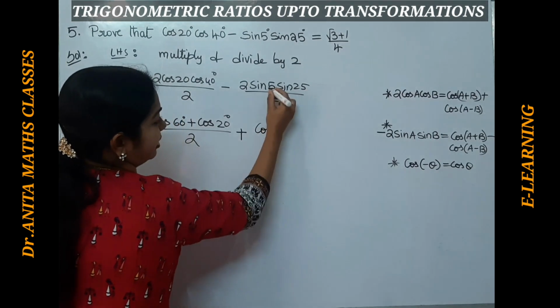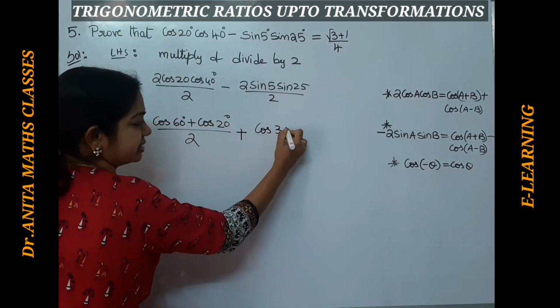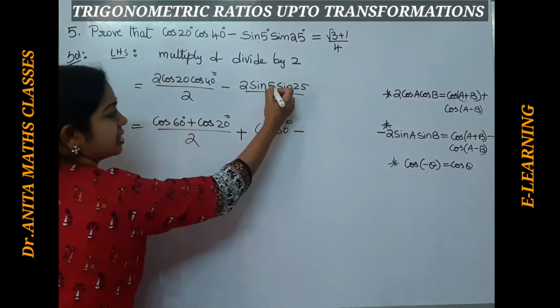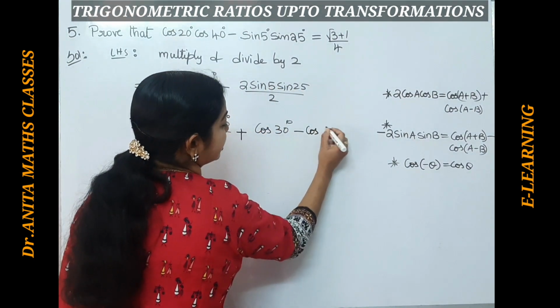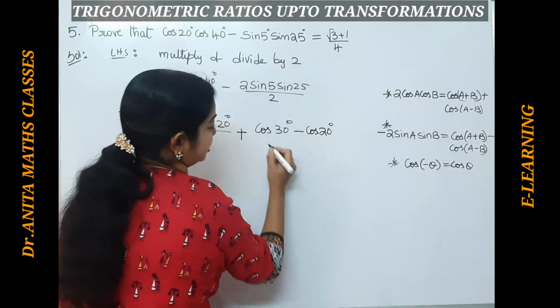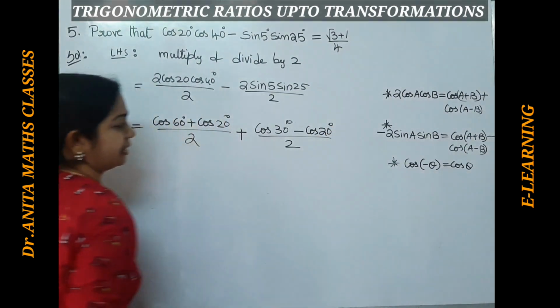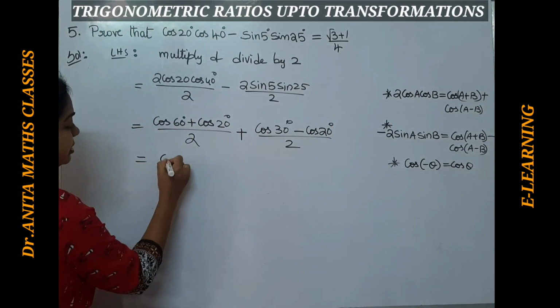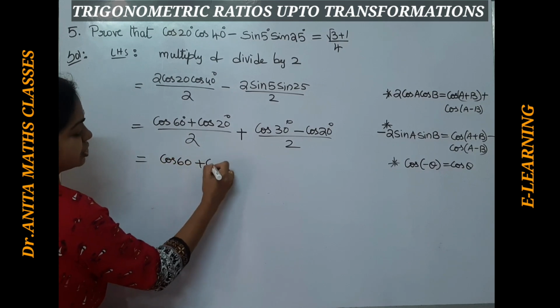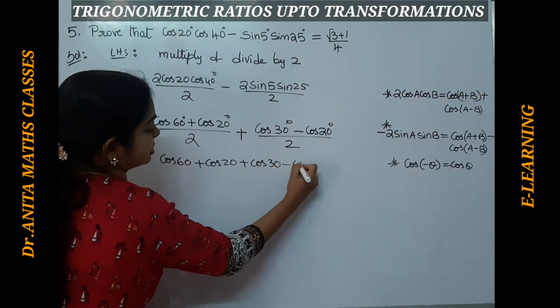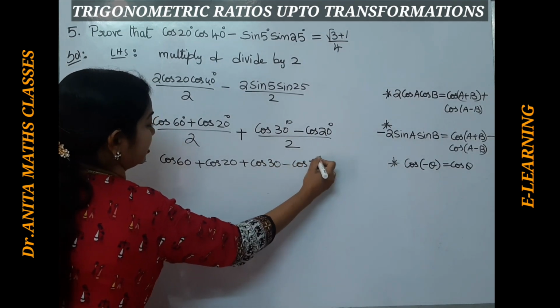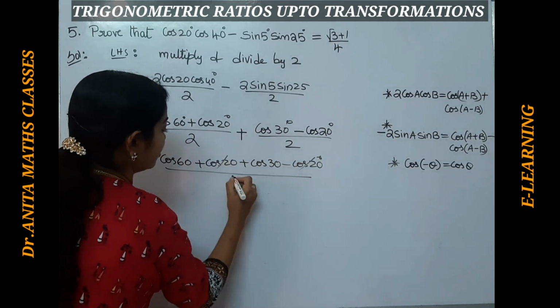So cos of A plus B, 5 plus 25 that is 30, minus cos of 5 minus 25, which is minus 20. Cos of minus theta is cos theta only, so that is 20 degrees. If we take the LCM here, cos 60 plus cos 20 plus cos 30 minus cos 20. So cos 20 goes off.